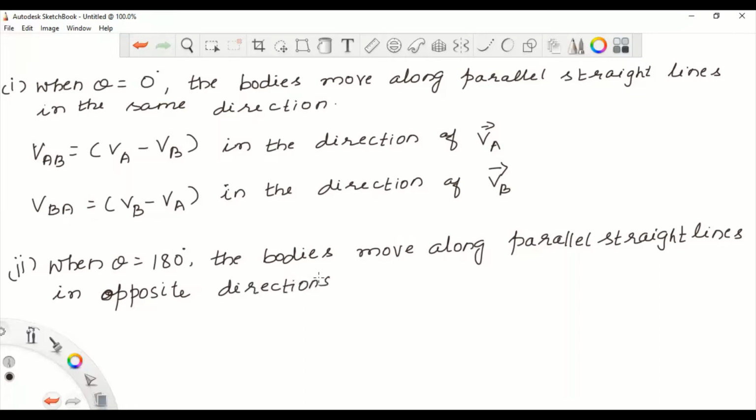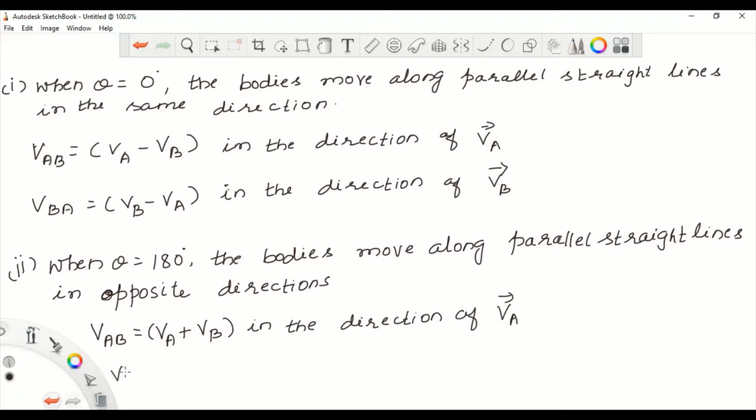Okay. So again, what will you get? VAB will become VA plus VB. Okay. In the direction of VA.